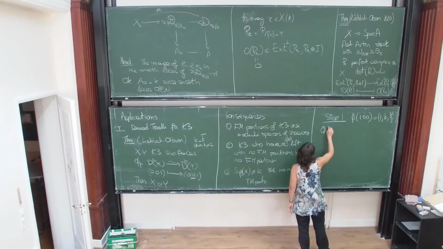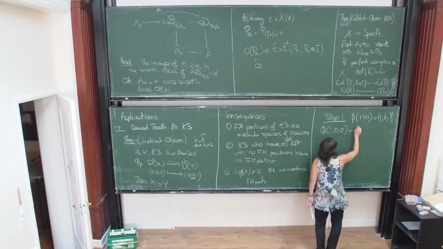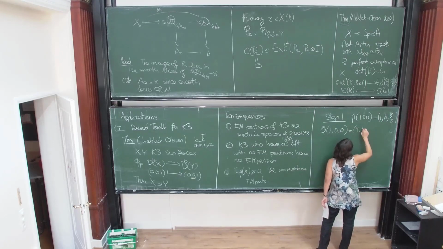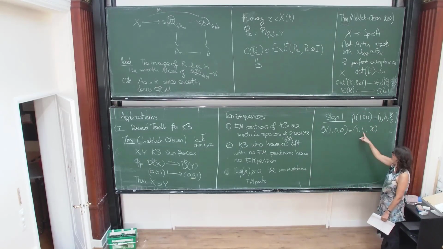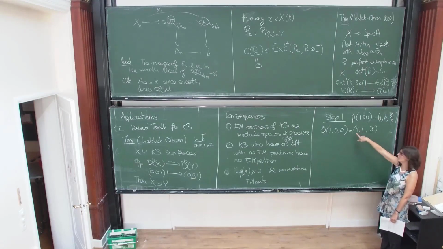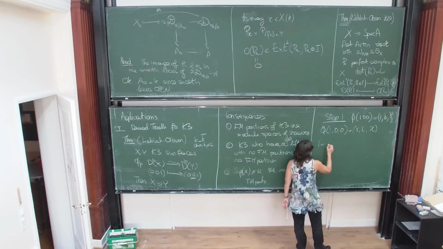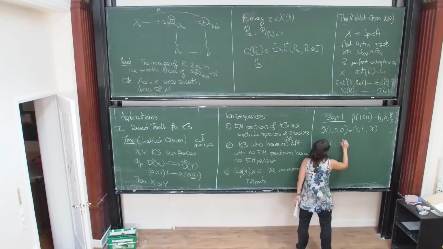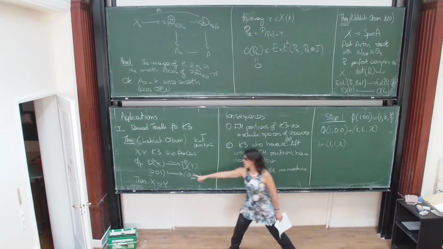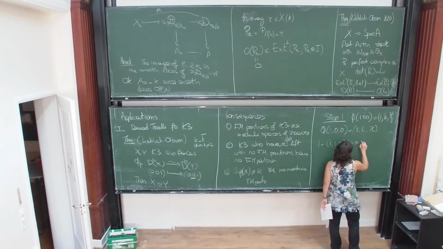So f of (1,0,0), this is (r, L, s), for some class L in the Néron-Severi group. Then I have that (1, 0, 0) is (r, L, s) paired against the image of (0,0,1), which is (0,0,1).